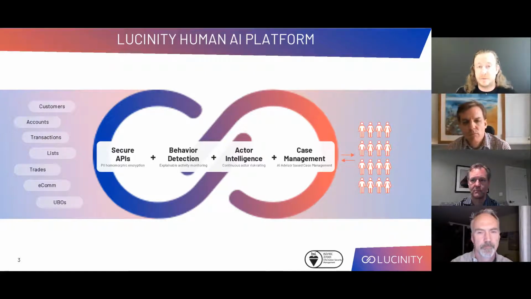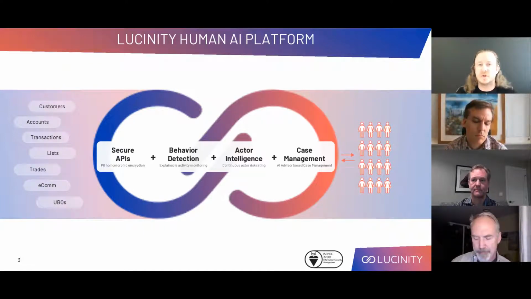And very importantly on our platform is our case management system. So anti-money laundering is a very time-intensive task. So compliance teams around the world spend a lot of time going through different alerts of money laundering activity that are being brought forward by systems. And we believe at Lucinity that these people and these investigators need help. They need a hand.